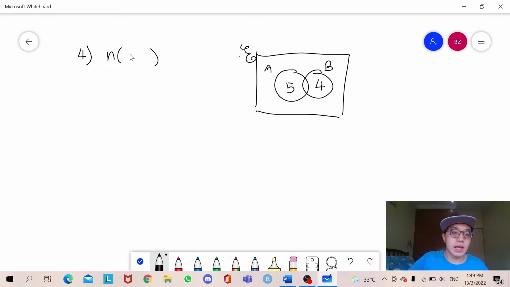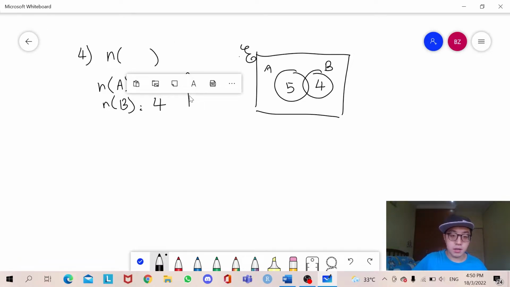We say that the number of elements in A, n(A), is equal to 5. There are 5 items inside set A. So what is n(B)? It equals 4, because the number of elements inside B is 4, as given in this diagram.